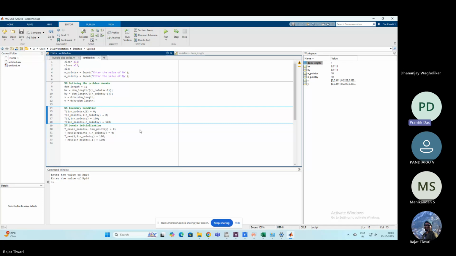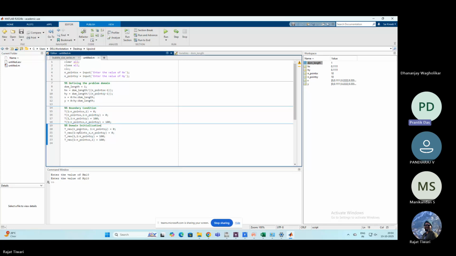Then endpoint x is the right-hand side of the domain, ranging from 1 to endpoint y, from bottom to top. And similarly, 1 to endpoint x is ranging, but endpoint y is constant, which is the topmost part, so that is basically 100.